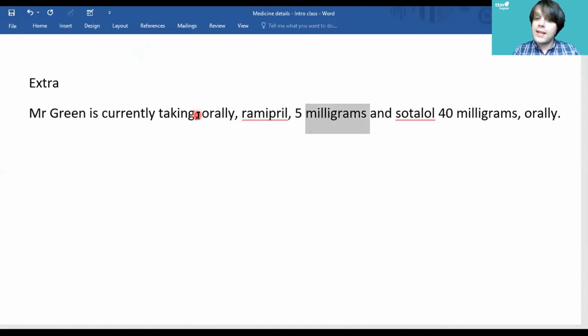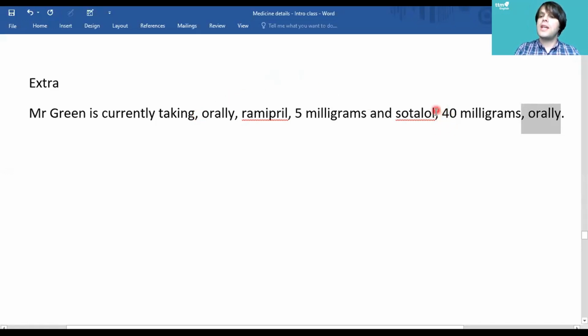Comma. They've put that in, that's good. What do I need next? And sotalol, comma. Do I need this here? No. No, where does that go? Before 40 milligrams. Yeah. If I want to put it here, though, what should I say? By mouth.